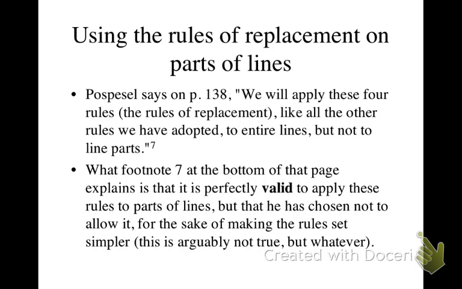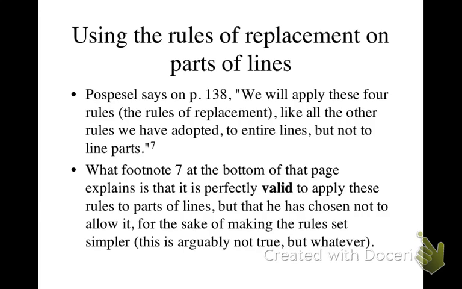So what footnote 7 at the bottom of the page explains is that it is perfectly valid to apply these rules to parts of lines, but that he has chosen not to allow it for the sake of making the rule set simpler. This is arguably not true, but whatever, that it makes it simpler.